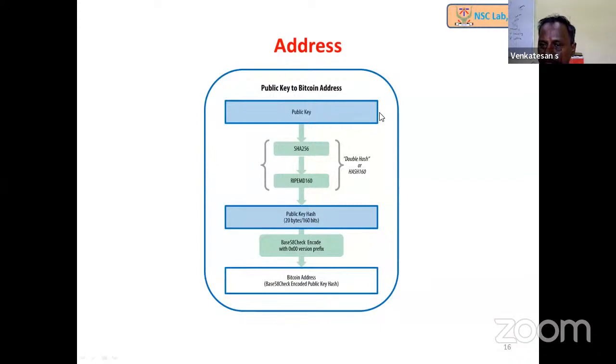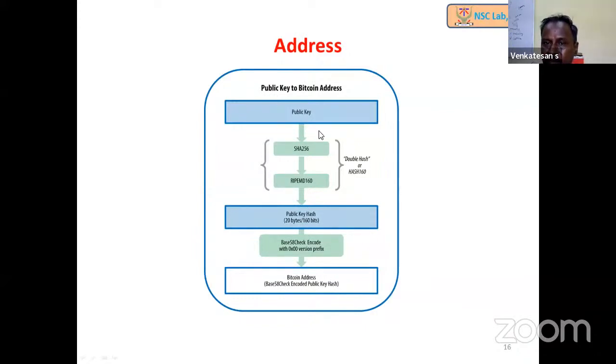Using the public key, the address is derived. The public key is hashed using the SHA-256 algorithm, and that output is hashed one more time using another algorithm, RIPEMD-160. That produces a 160-bit, or 20-byte, output that is given to Base58 encoding, and whatever is produced as the output becomes the address.